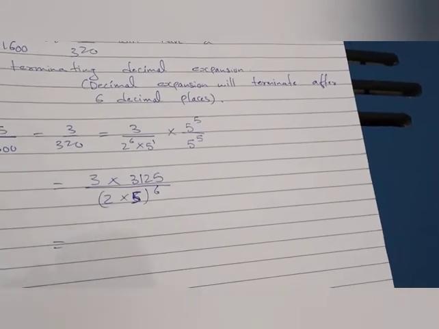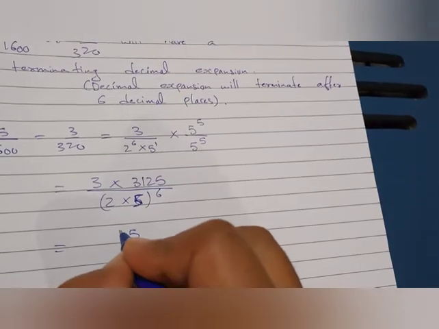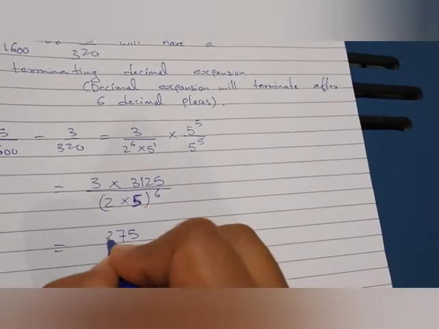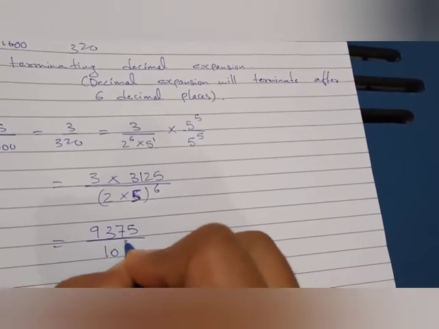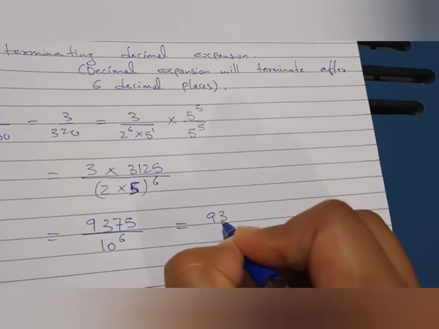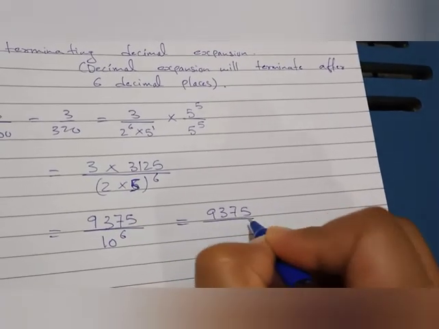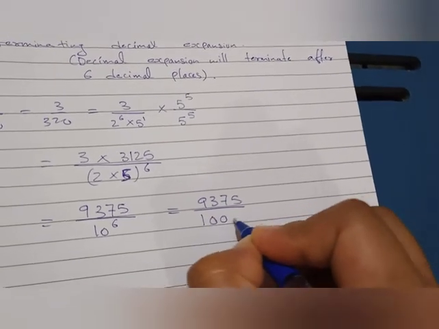Multiplying 3 into 3125, 3 5s are 15, 1 carried over, 3 2s are 6 plus 1, 7, 3 1s are 3, and 3 3s are 9, by 2 5s are 10 to the power 6, which can also be expressed as 9375 by 1 followed by 6 zeros.